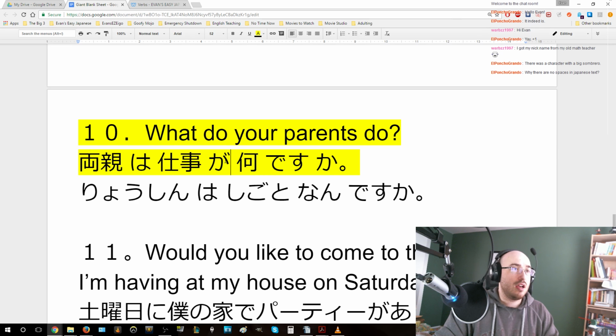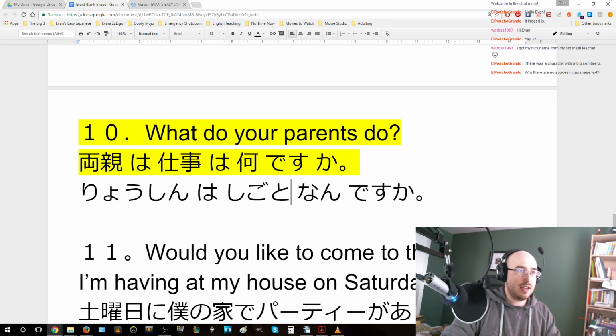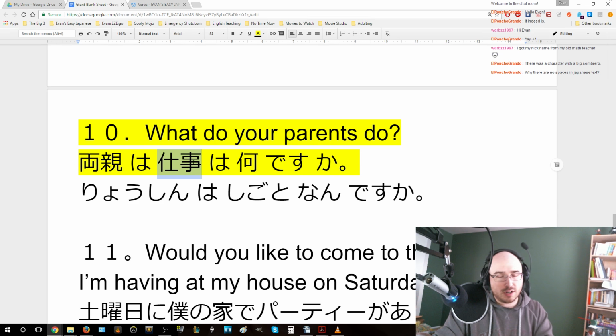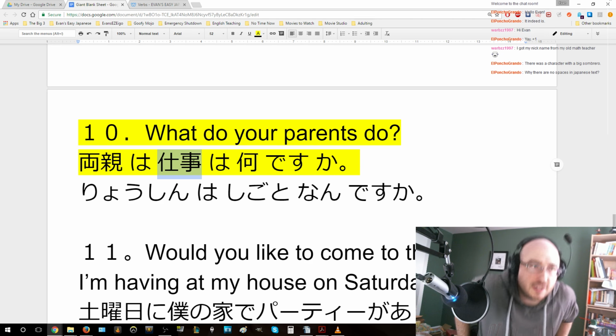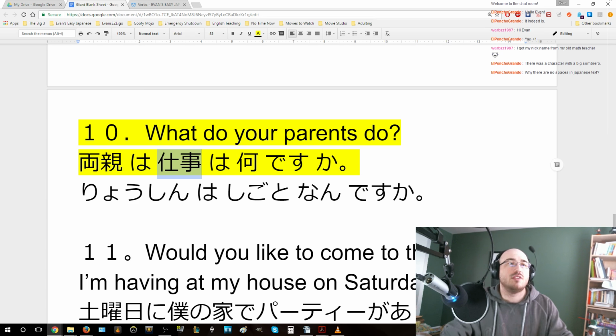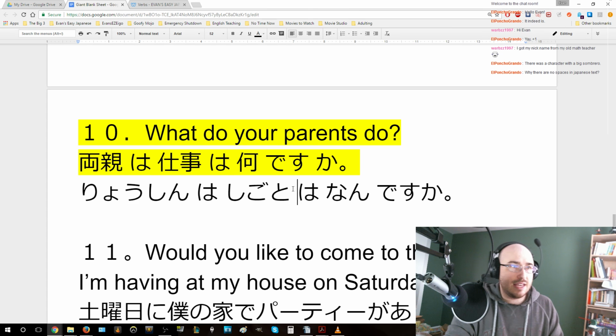With an interrogative question like nan desu ka, we want to use a wa particle here because the fact that we're talking about work is good. We want to focus on the idea that we're talking about work, but really we want to know what it is. The fact that we're talking about work isn't that important.